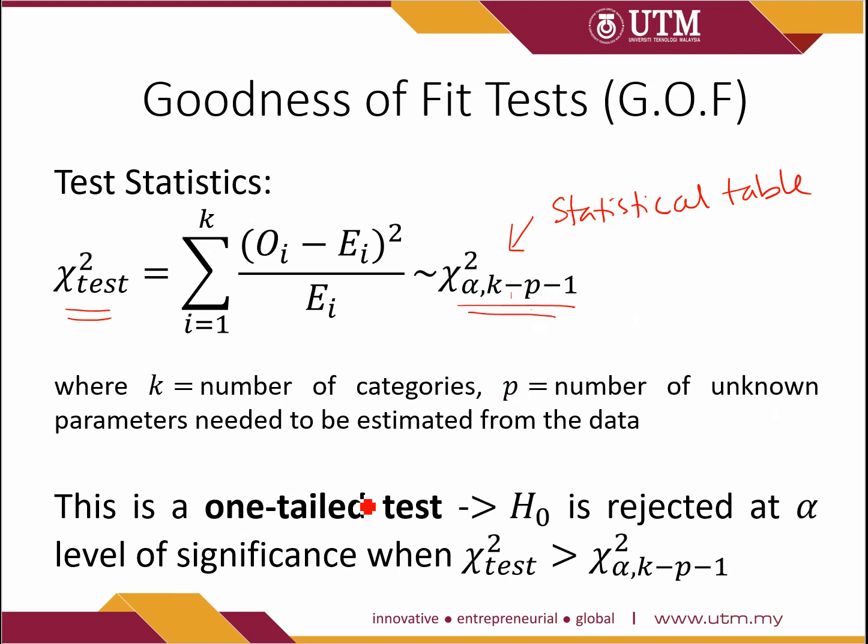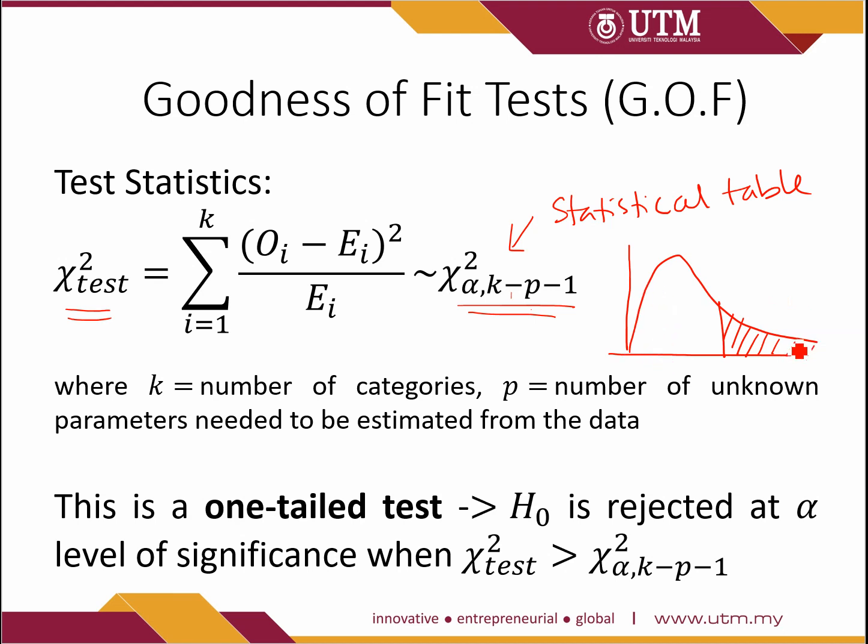And this hypothesis testing is only a one-tail test. So let me draw the one-tail test to the right. The rejected region is to the right only. There is no left shaded region.